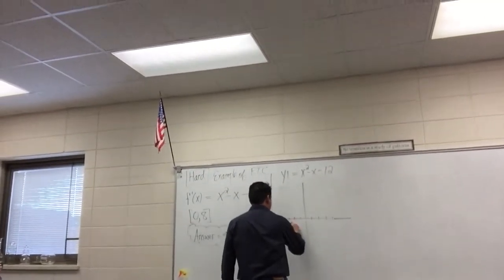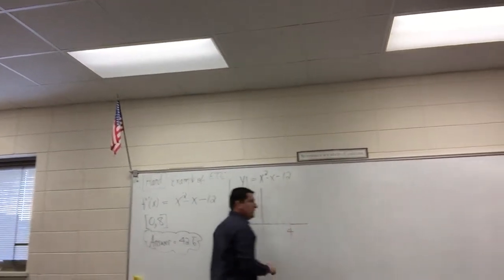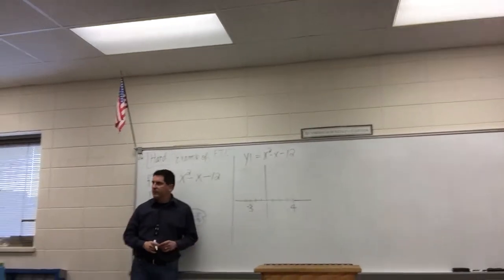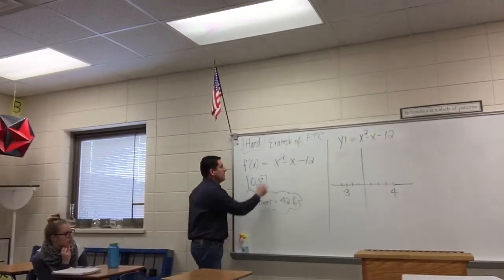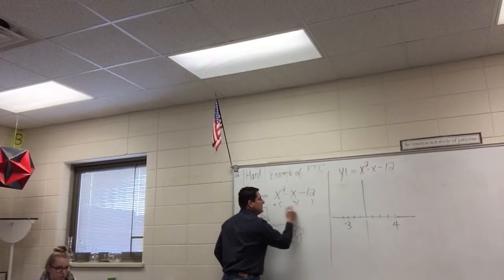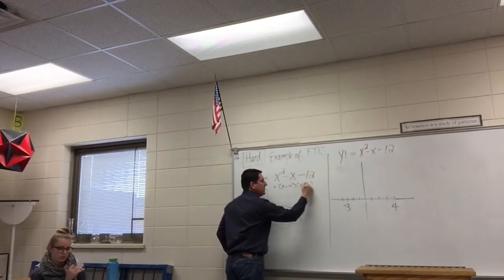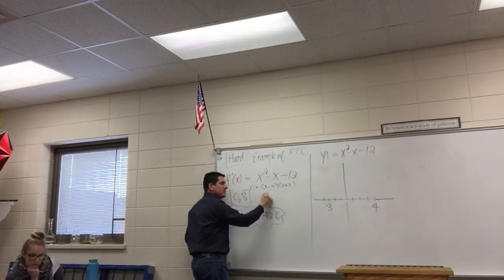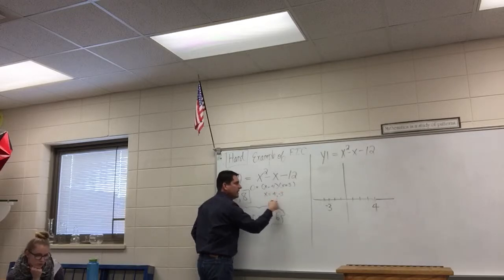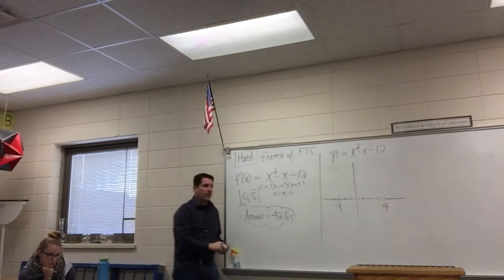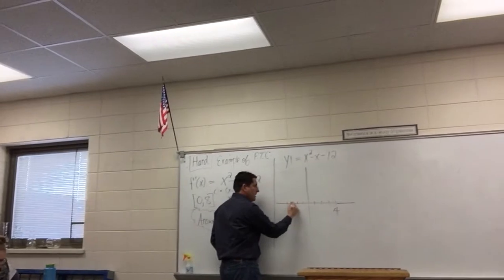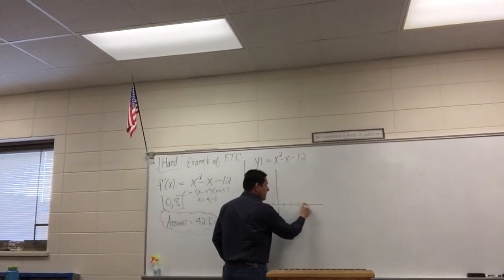Can anybody do a quick mental check to tell me why that's correct? This one factors: x minus 4, x plus 3. Therefore, when is this equal to 0? At 4 and at negative 3. So the derivative is equal to 0 here and here.